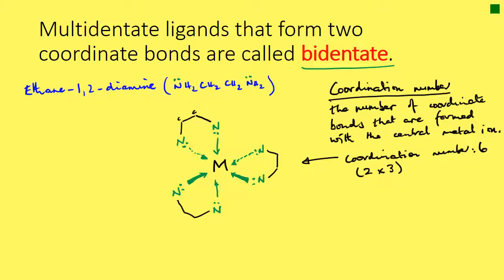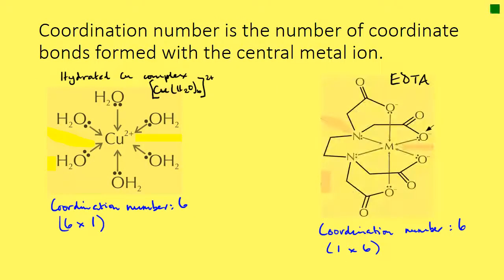Okay, so let's reflect back on the 2 previous complex ions that we looked at and see what their coordination numbers were. If you remember right at the start of this video lesson, we looked at a hydrated copper complex like this, with a copper ion right in the middle, surrounded by 6 water ligands, each providing 1 coordinate bond. And so the coordination number of this is going to be 6. So first of all, let's label it.